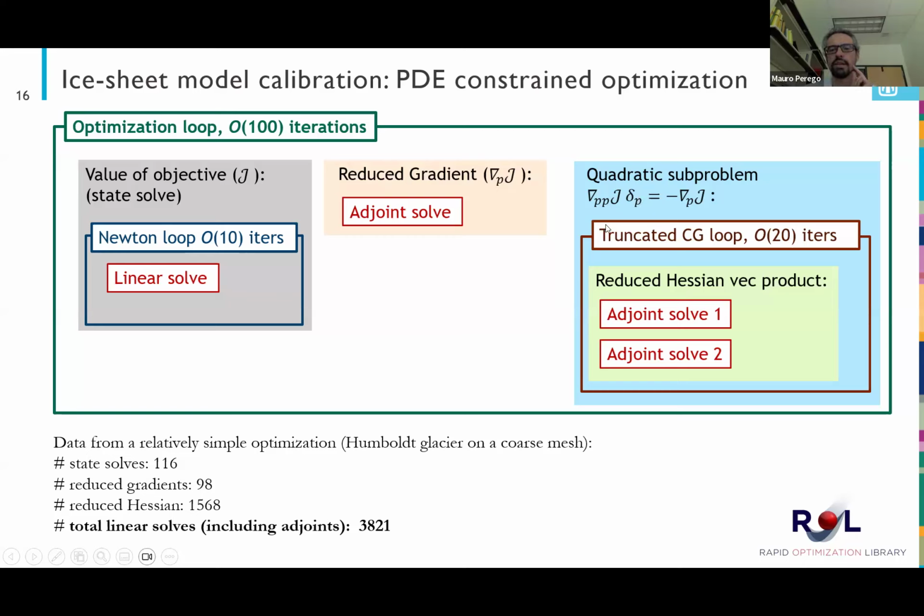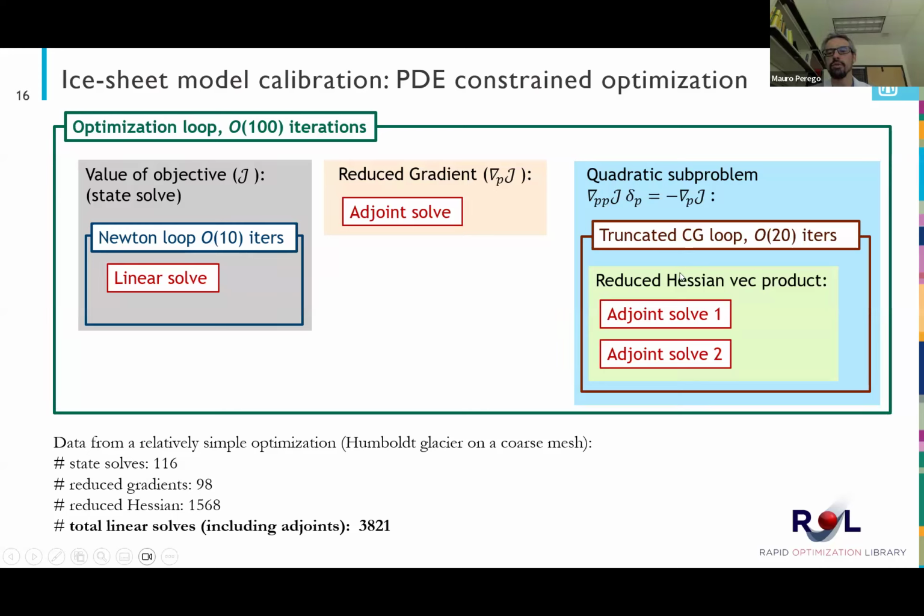The problem is that the Hessian of the functional is dense, and we're talking, as I said, about hundreds of thousands of dimensions. So you definitely cannot compute it. So what you do, you solve this with a Krylov approach, where you compute the matrix-vector product, and so it's a matrix-free approach.